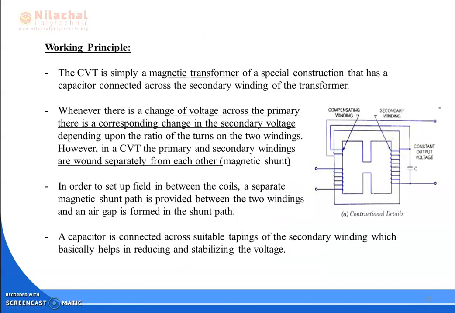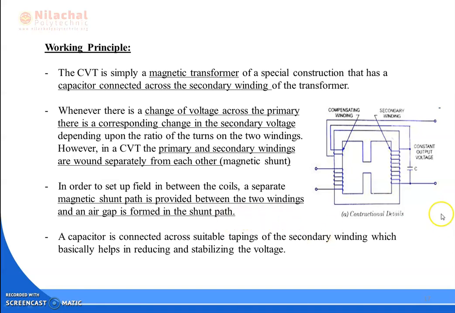So let's come to the working principle of CVT, what the parts are and what the roles of those parts of CVT are. We can say CVT is simply a magnetic transformer of a special construction that has a capacitor connected across the secondary winding of the transformer.